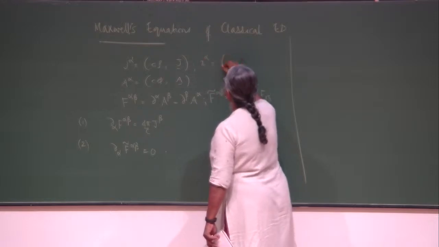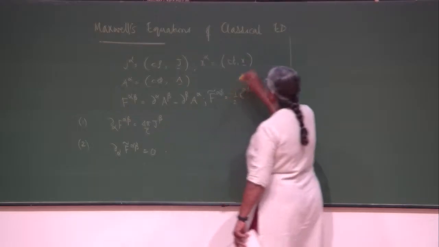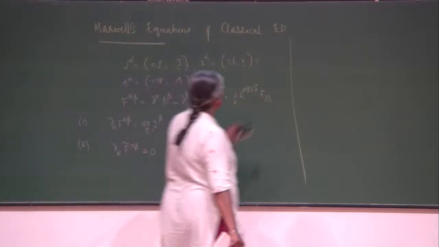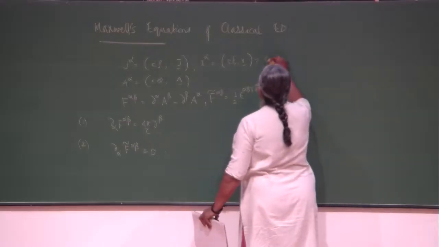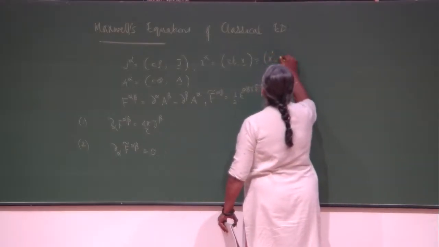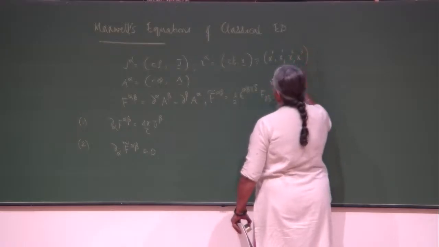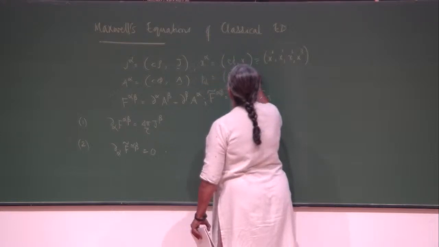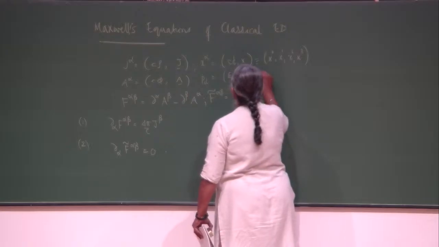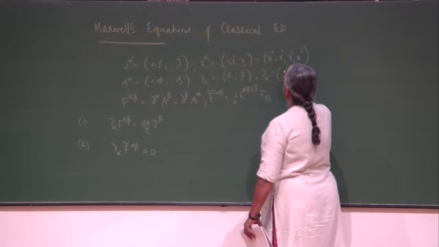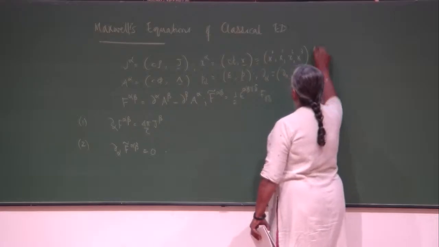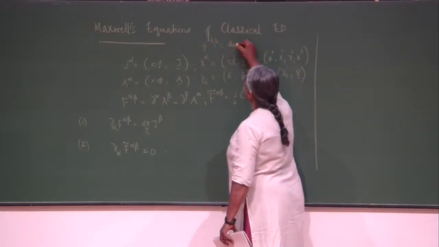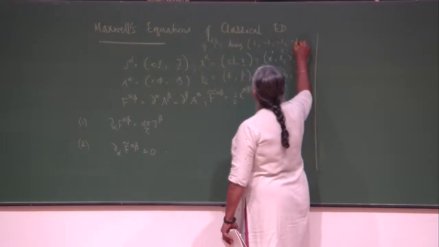Okay, let's first write x alpha is c t, x, and P alpha is E, p, d alpha is d naught, and we had g alpha beta is equal to diagonal of 1, minus 1, minus 1, minus 1.